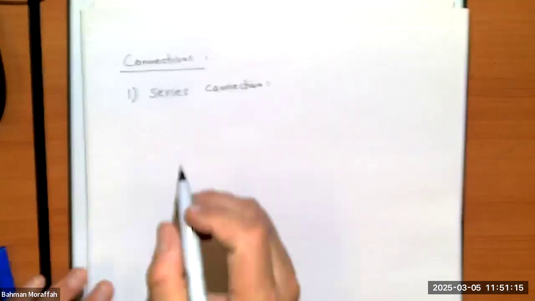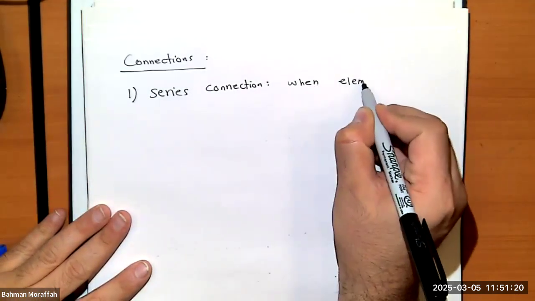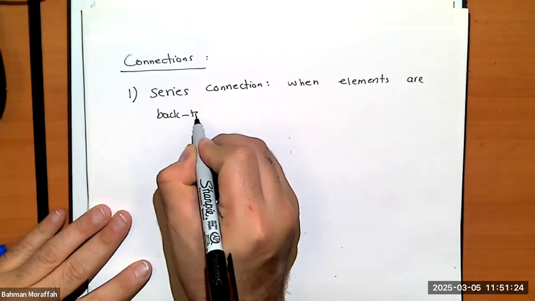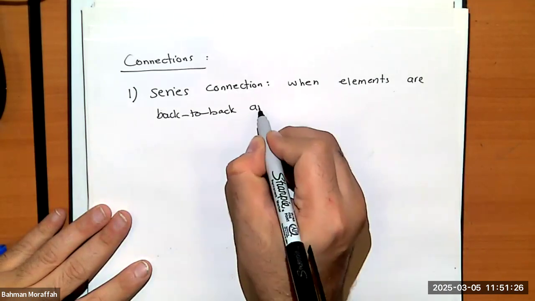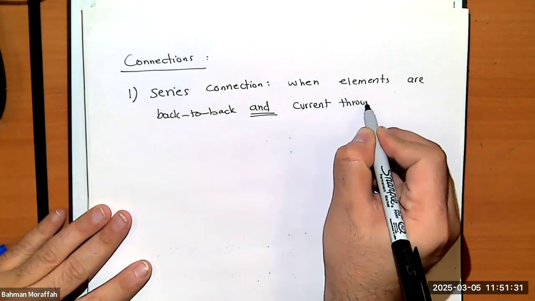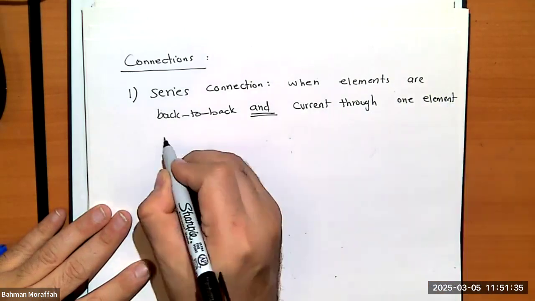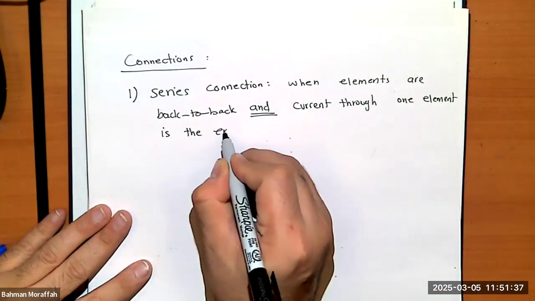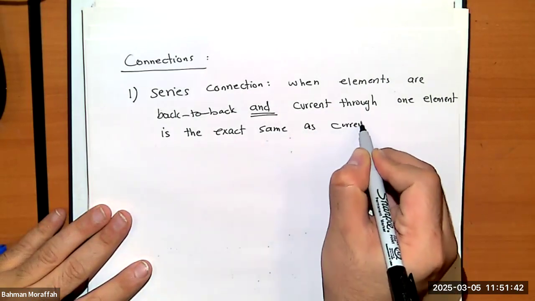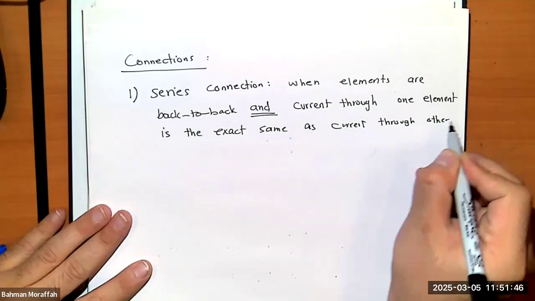So a series connection is when elements are back to back and the current through one element is the exact same as the current through the other element.